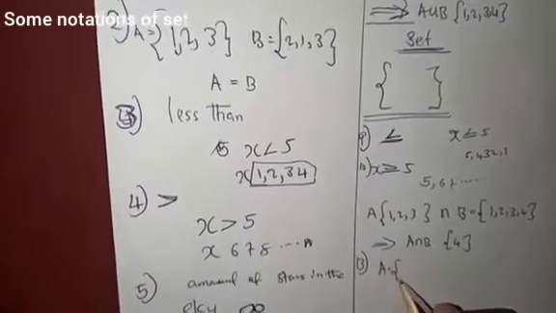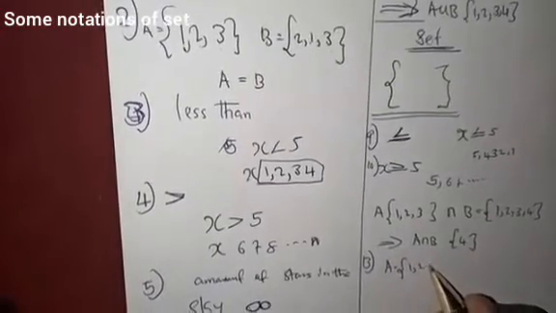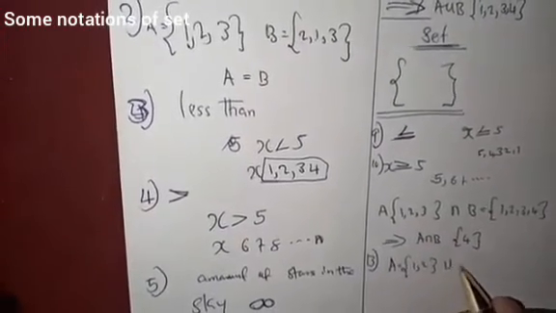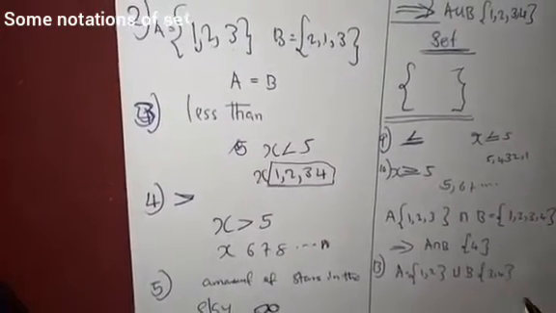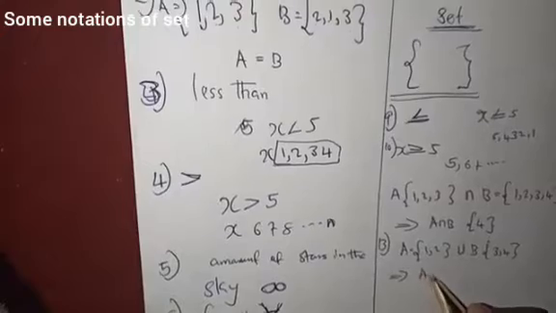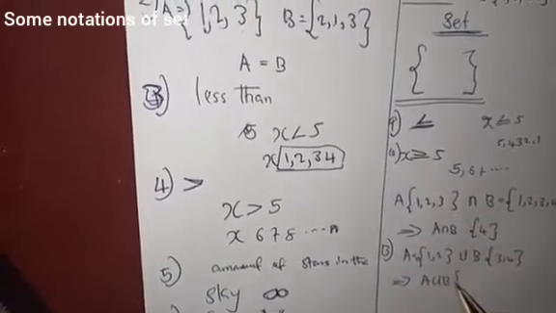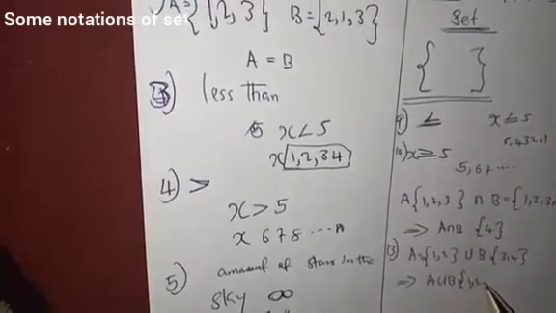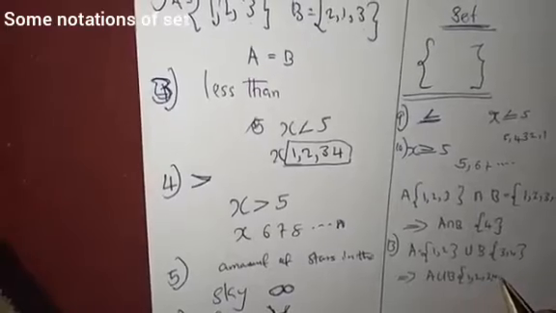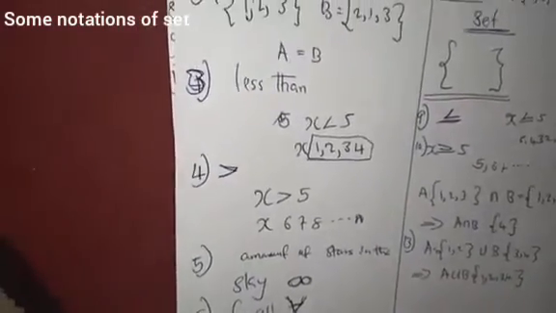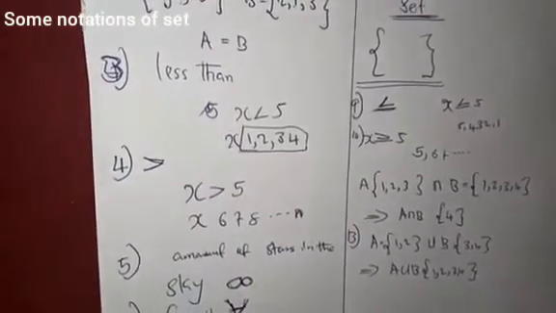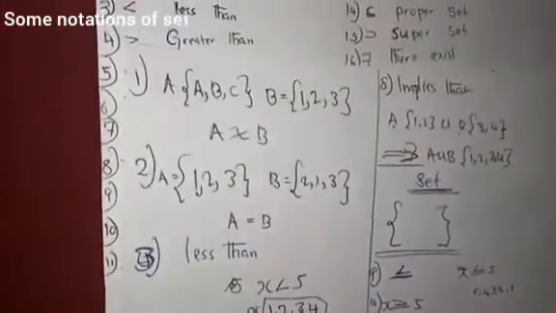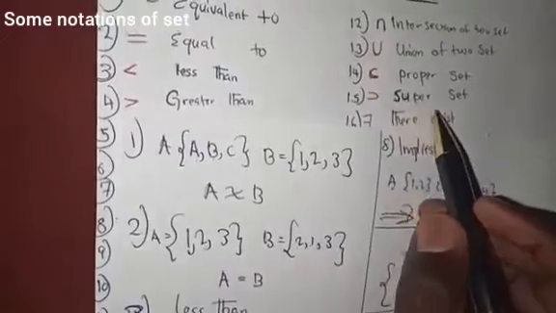If A has elements 1, 2, and B has elements 3, 4, this implies that A union B will be written as 1, 2, 3, 4. So that's what we refer to as A union B. If you see union, we are simply referring to addition.